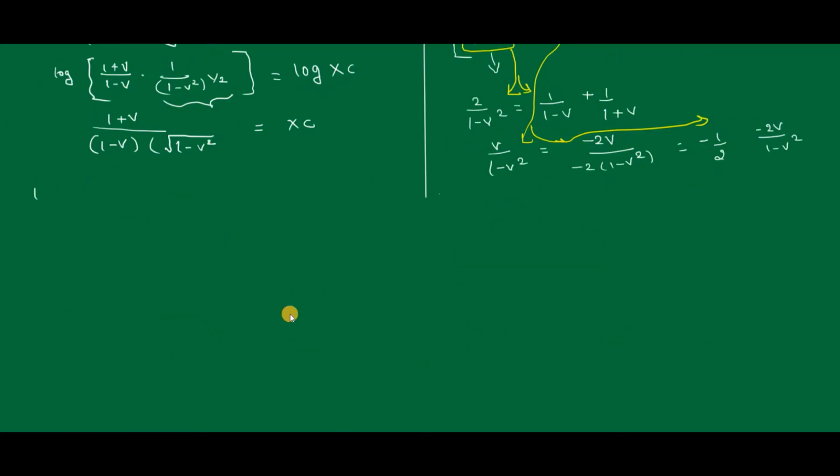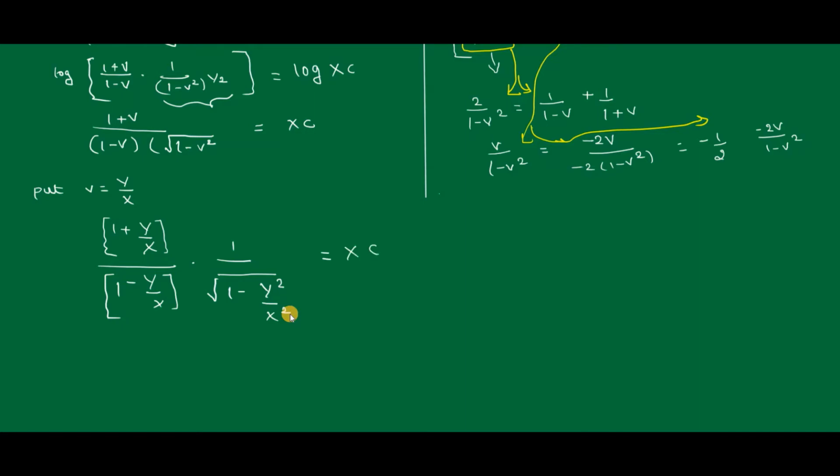Now put v is equal to Y by X. Put v is equal to capital Y divided by capital X, that is 1 plus Y divided by X, this is numerator, divided by 1 minus v, means 1 minus Y divided by X, this is denominator, into 1 divided by square root of 1 minus v square, means Y square divided by X square, is equal to right hand side we have capital X into c.